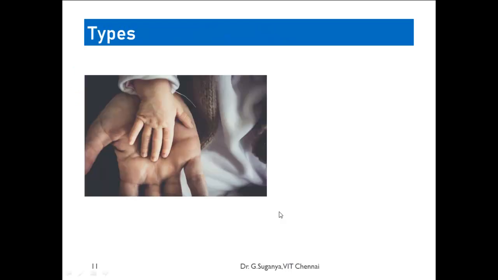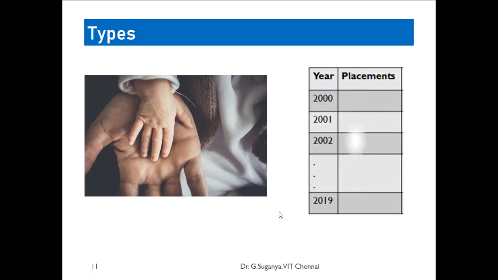Yes, if you are a parent, assume a parent. What is of interest to him? Yes, of course, only the placements. So being a parent, I'm interested to know how much placement the college is going to offer. If you have statistical data from 2000 to 2019, there should be a way to predict what the placement would be in 2020.